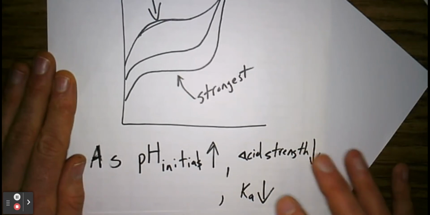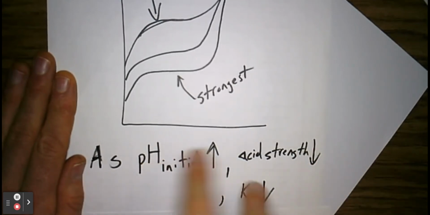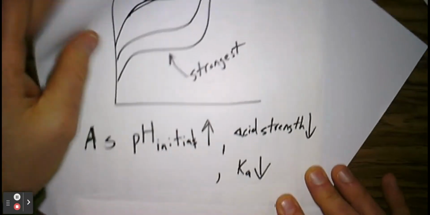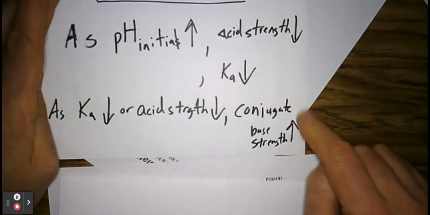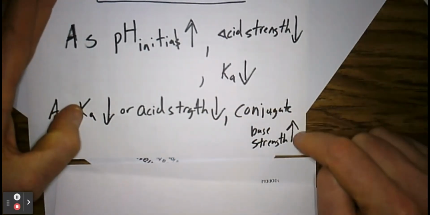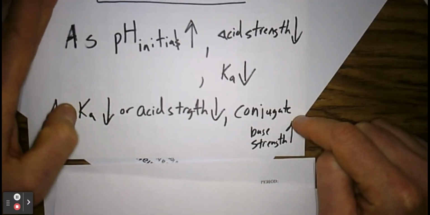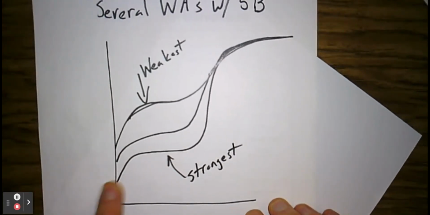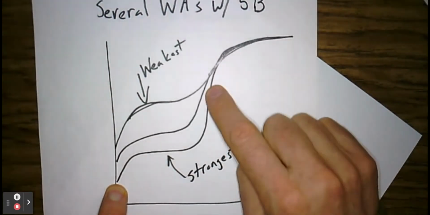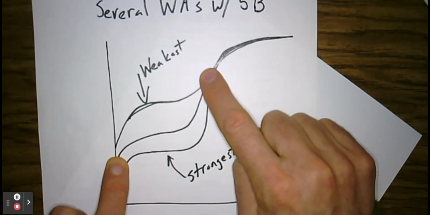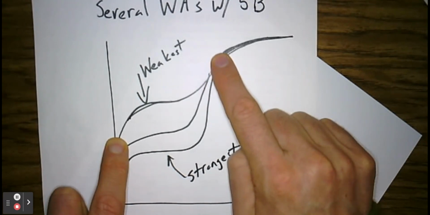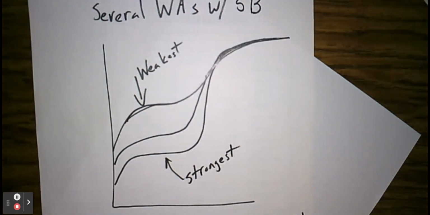Also, as your Ka goes down, your conjugate base strength goes up. That's why if you look at the graphs, if I start low here, the pH at my equivalence point is there, but here it goes up. Here it goes even further. That's because the weaker the acid, the stronger its conjugate.